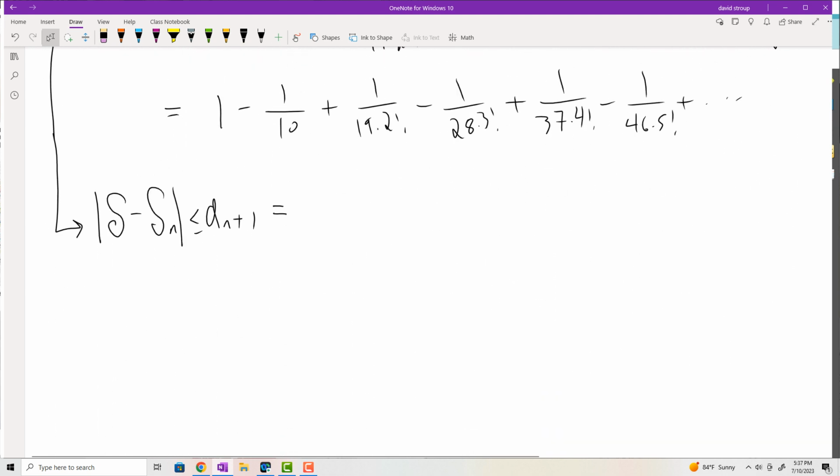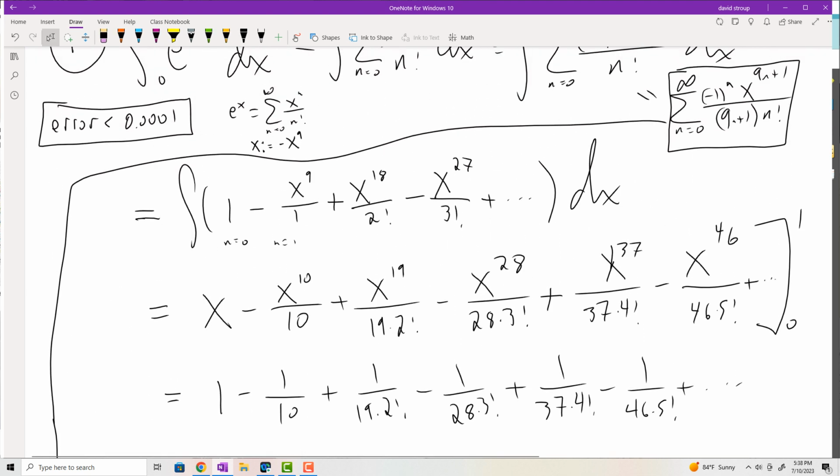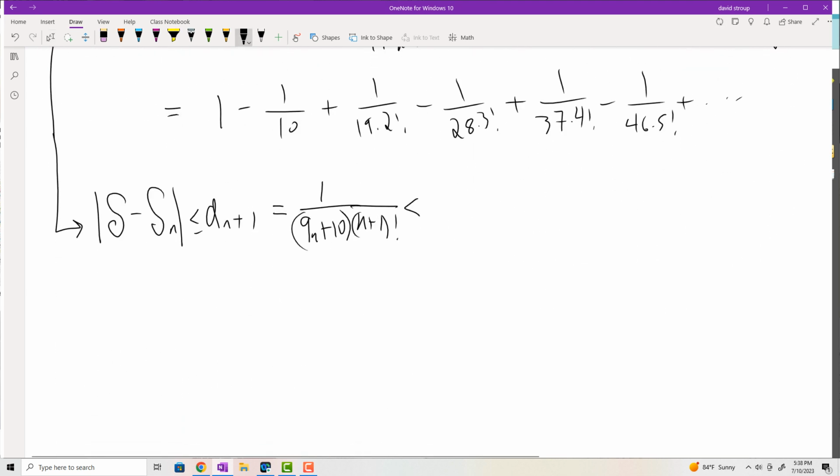It's the bottom part. So it'd be 1 all over 9 times n plus 1, which will be 9n plus 9, but then there's another plus 1, so it'd be 9n plus 10 times n plus 1 factorial. And what I'm saying is we need this to be less than 0.001.